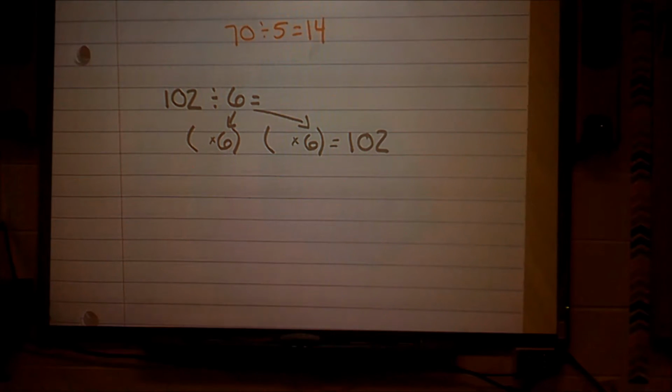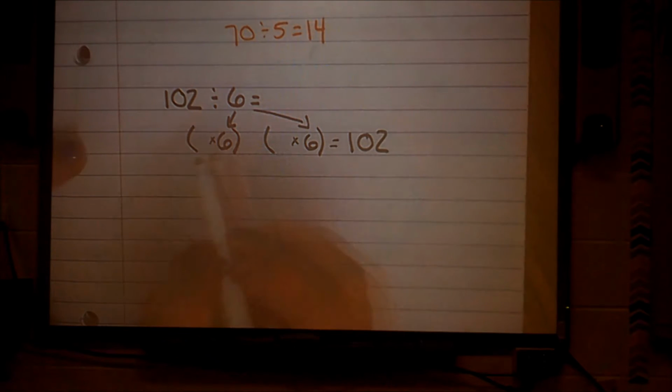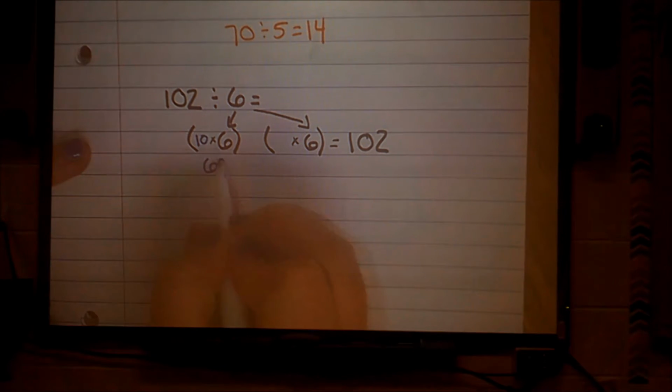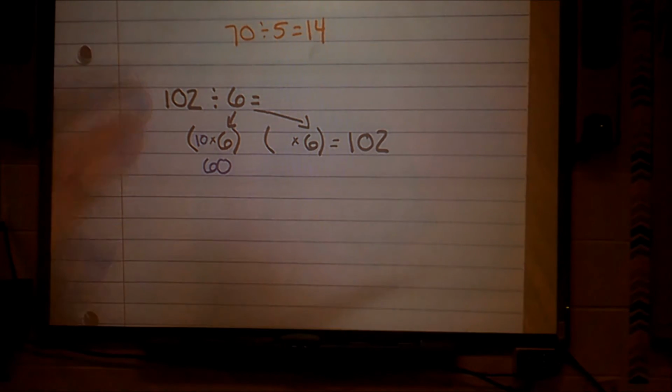So I think in my brain, 6 times what is close to 102 without going over that I know in my head? Well, I know 6 times 10 is 60, which is less than 102, but I know it in my brain. You might have a different one that you know in your brain, and there's nothing wrong with that.